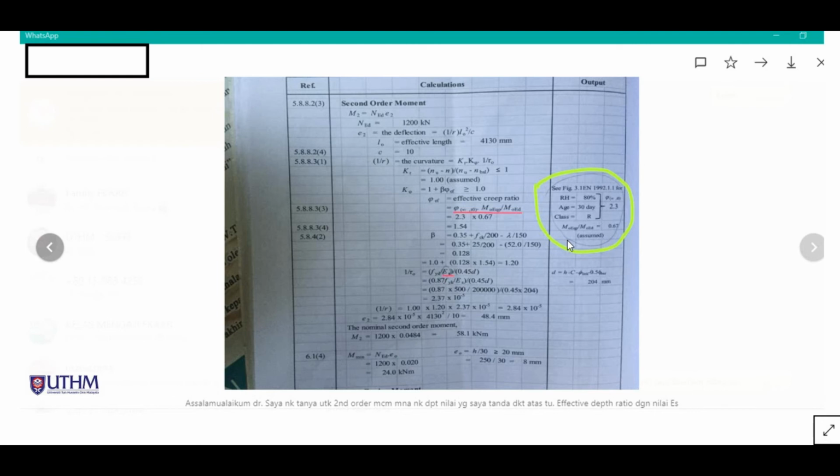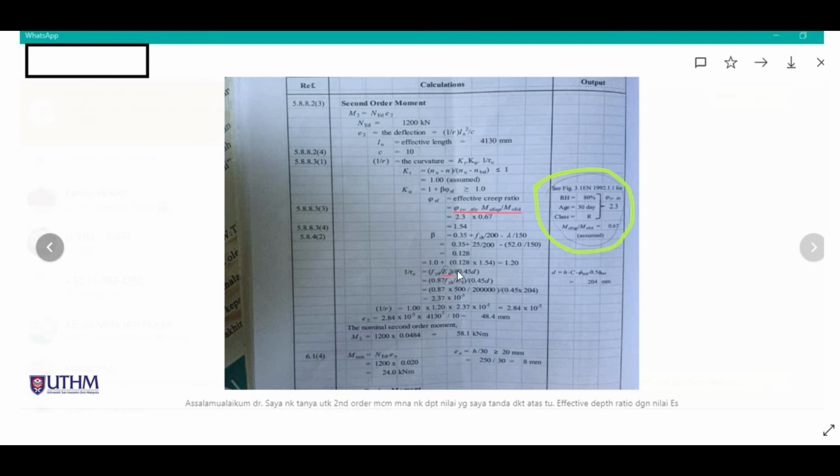But basically we take the assumption in the range between 0.6 to 0.7 for the ratio of the M due to the quasi-permanent loading over the M due to the ultimate loading.